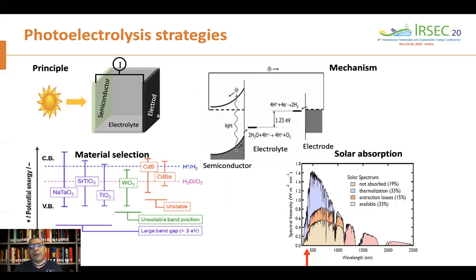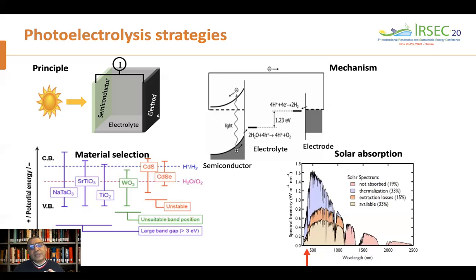So this is possible only if we can provide energy above 1.233 eV. And not many semiconducting materials have this property, for example, CdS and CdSe. They have this possible property, but they are unstable and also prone to corrosion.